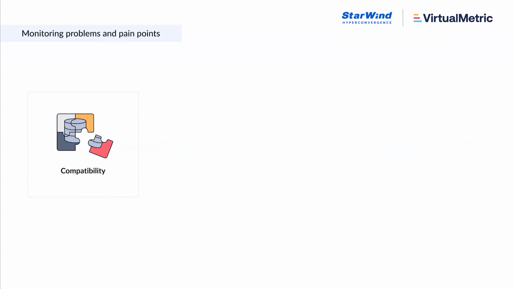Following is compatibility. Actually, we can also put integration here as well, because often we use multiple monitoring tools for different components. For example, a tool that monitors the network, a different tool that monitors the log files, a different tool that monitors the infrastructure, the servers, the virtualization, etc. So integrating and unifying those tools can be very difficult.